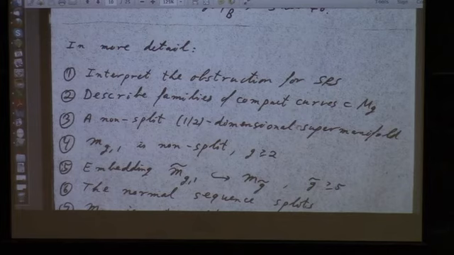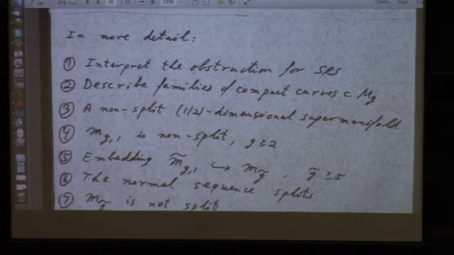We may as well look at an entire family. So we're going to look at maps from one moduli space to another. So we're going to look at moduli maps like that. Then we'll give a basic example of the non-split supermanifold. The dimension will be 1|2. The 1 will correspond to the Riemann surface. I'll show you the two operations.